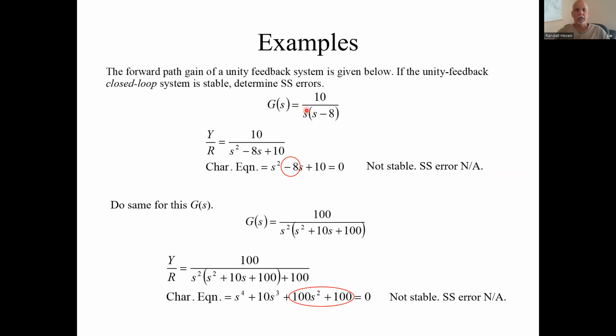So how do I do that? I add numerator and denominator. S squared minus 8s plus 10. That's the characteristic equation. I don't care what goes on up top. I see a minus sign there, so it's not stable. Actually, in this case, it's unstable, but it's certainly not stable.